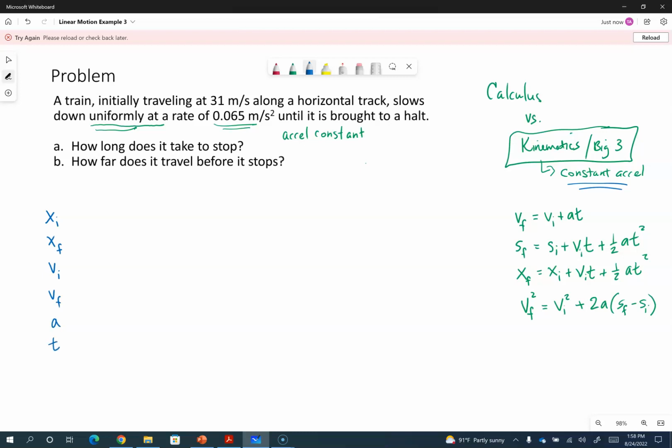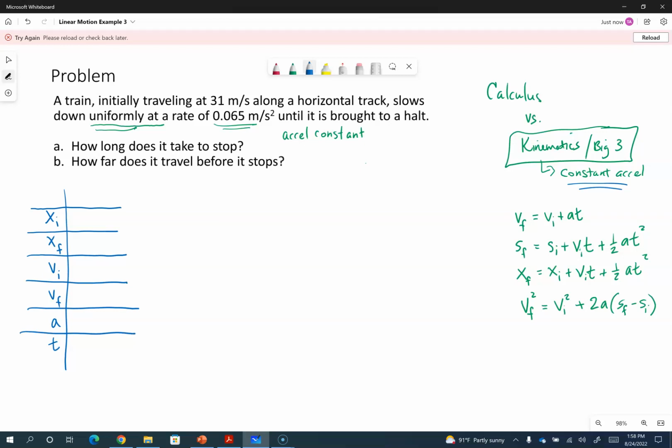So initial position, final position, we can write it as X or S. Initial and final velocity are in those equations, acceleration's in those equations, time is in those equations. I'd like to make a bit of a table and fill in what I know.